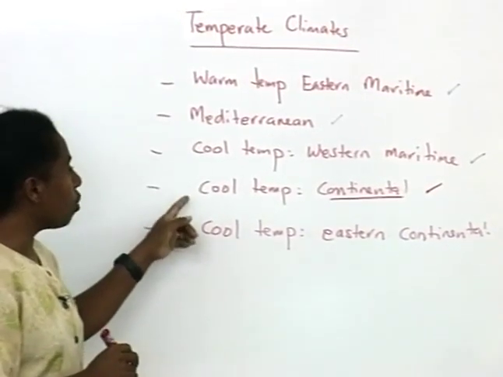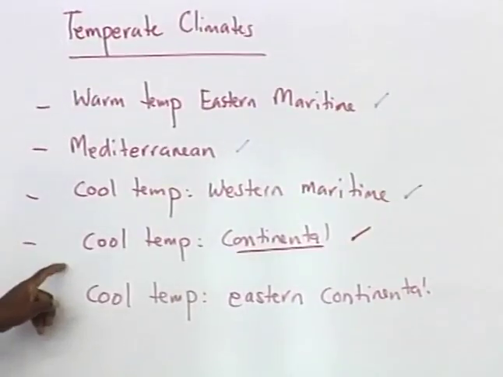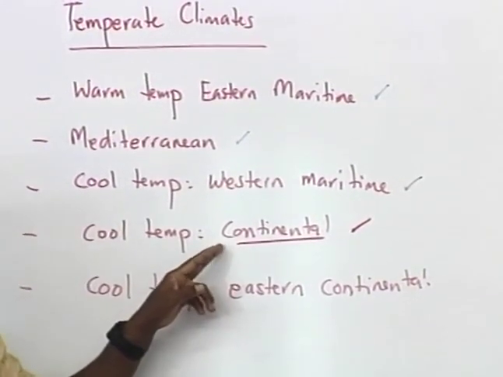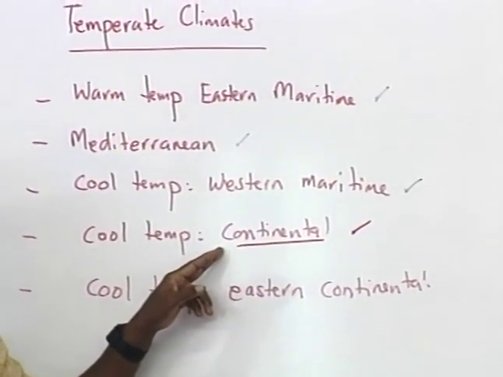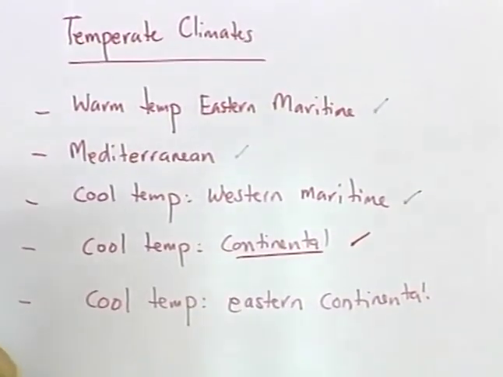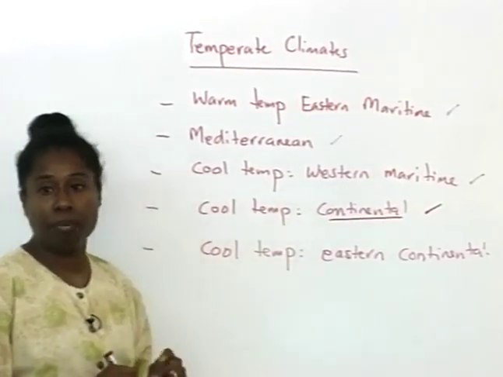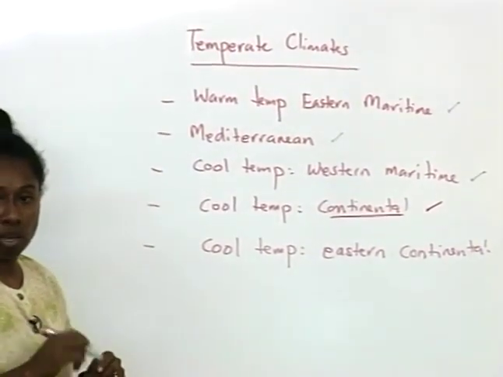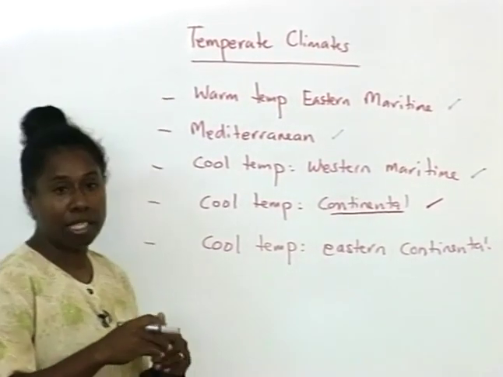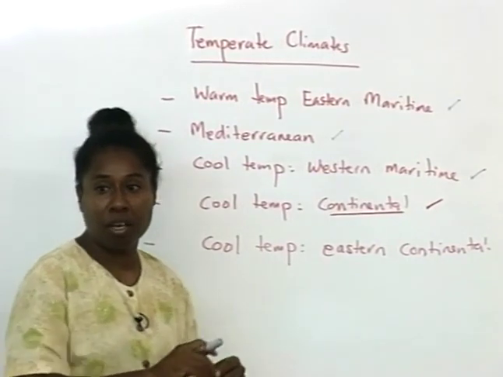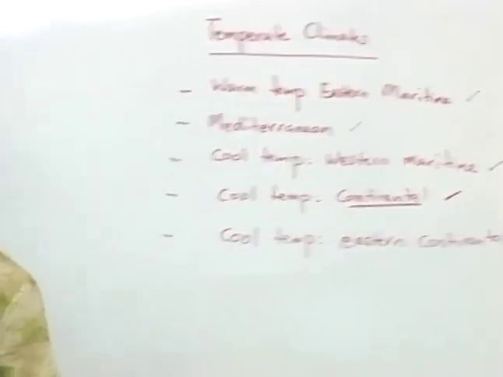It is found within the cool temperate areas of the world, but it is more confined to the inland or continental areas. When we look at maritime, it is mainly to do with the influence from the sea. And when we look at continental, we are looking mainly at distance away from the sea, further inland from the sea.